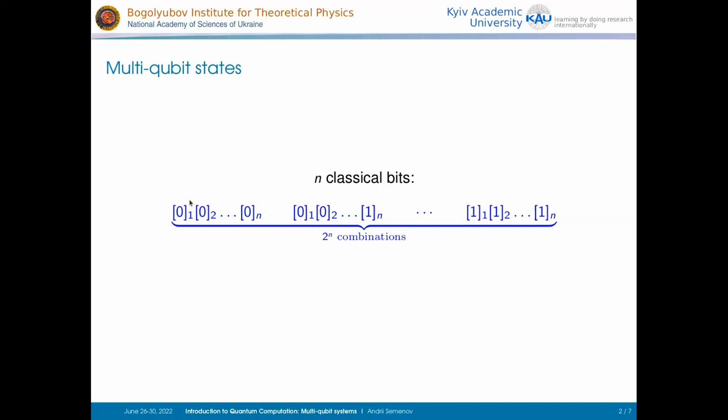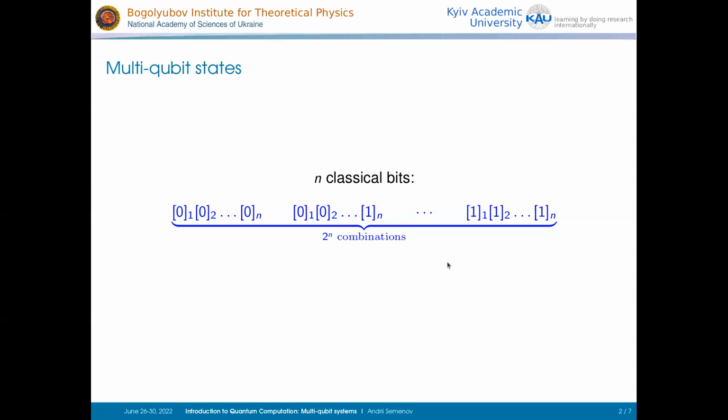So for n bits, there are 2^n possible states. We write them like this: 0, 0, 0, for example, with an index which designates each classical bit.